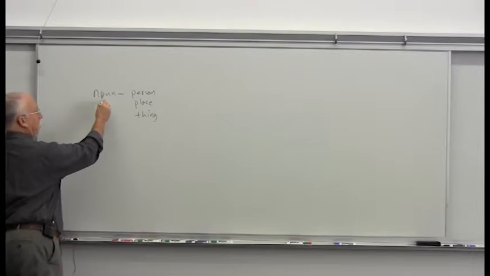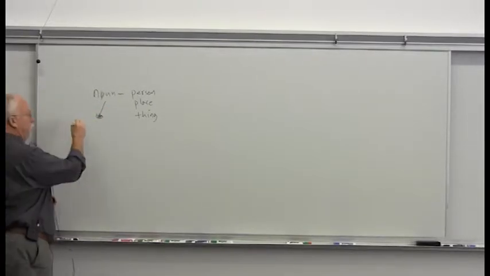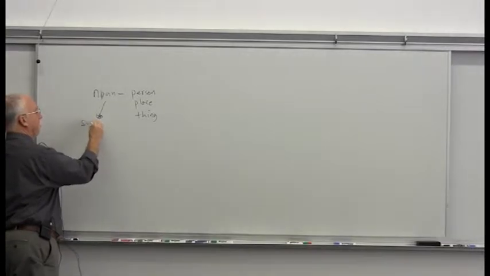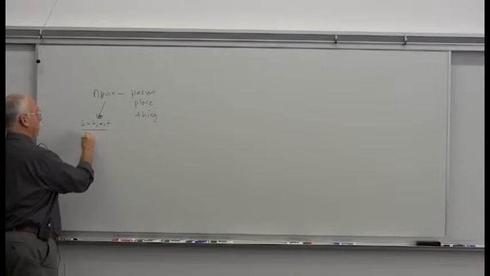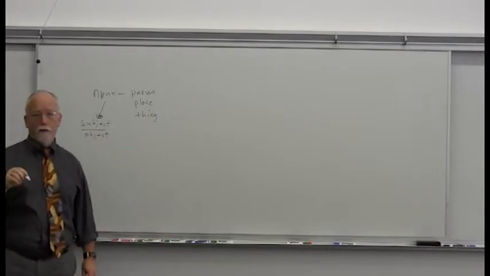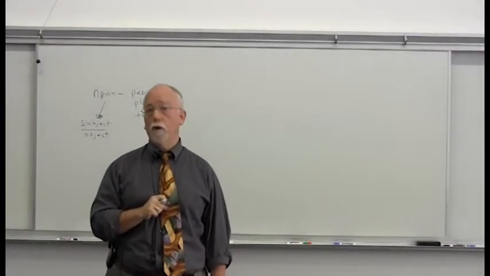When we use a noun in a sentence, we use it either as a subject or as an object. So the role of the noun in the sentence is to serve as either a subject or an object.